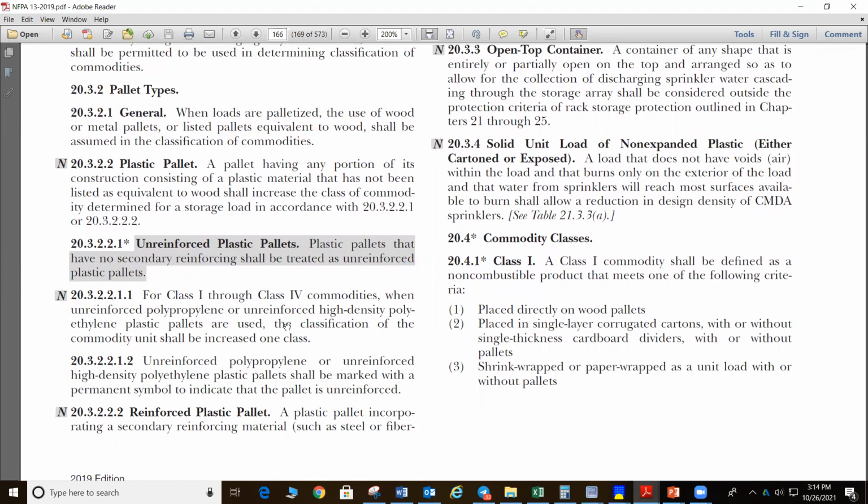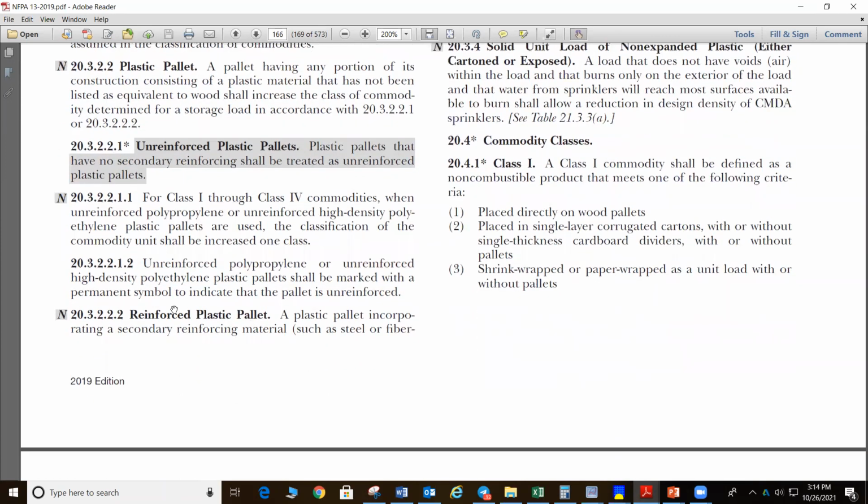So basically our product, non-combustible product within corrugated cartons, is class 2, and if it is placed on wooden pallets, then it is class 2. If it is placed on plastic pallets and that pallet is unreinforced plastic, we have to increase the classification by one. So class 2 will now become class 3. Moving on to the next one.